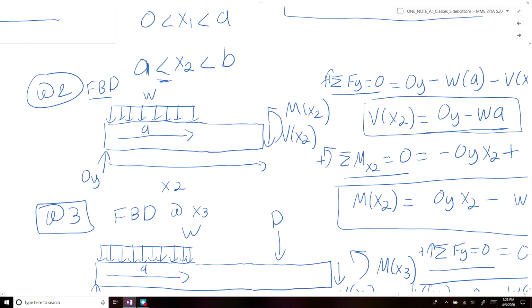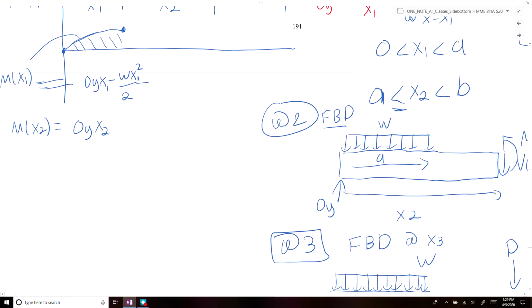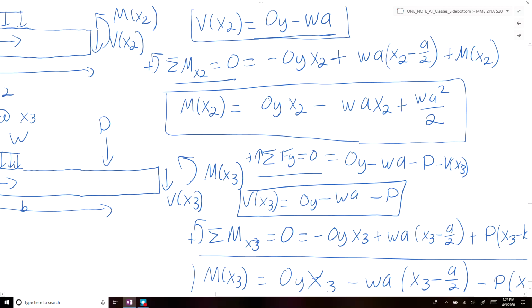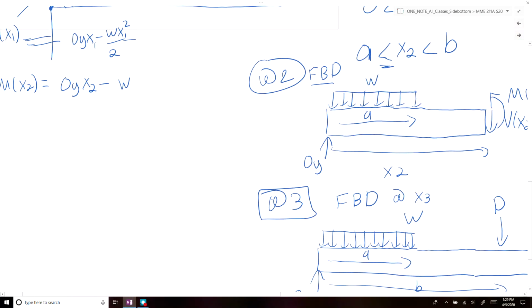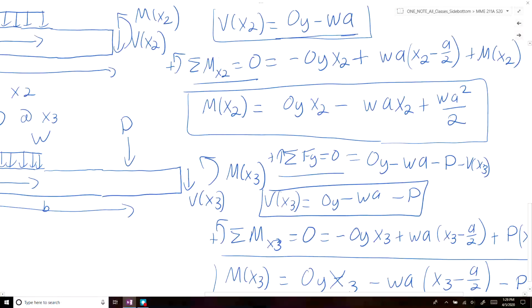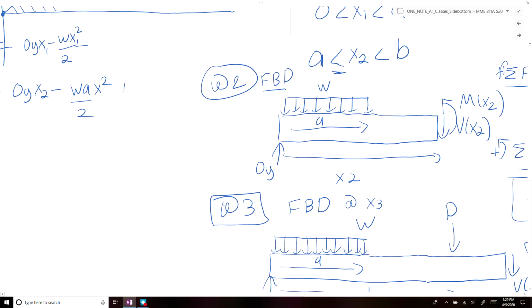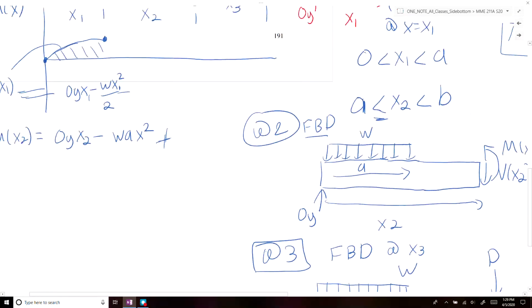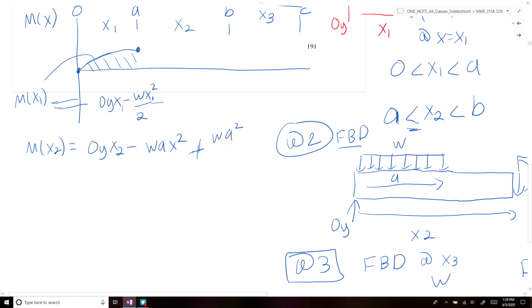O of y x2 minus WA x2 over 2, and then plus WA squared over 2.